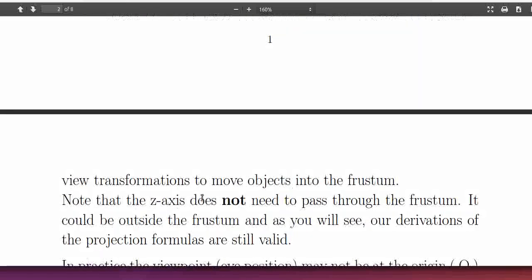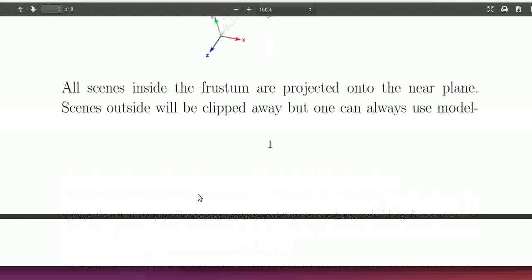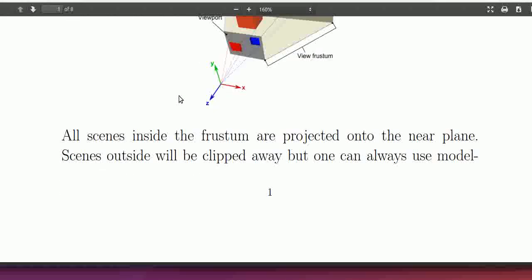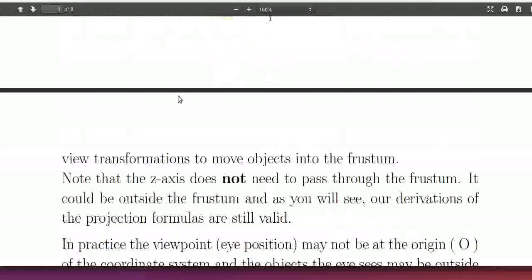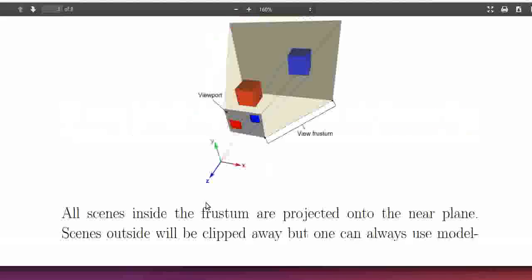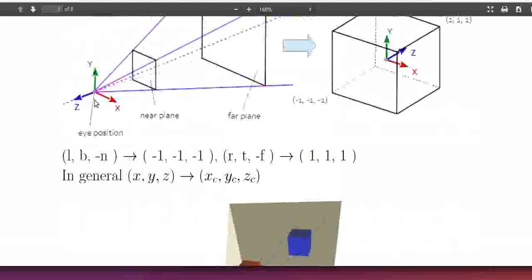Note that the Z axis does not need to pass through the frustum. It could be outside, and the derivation of the projection formulas is still valid even if the Z axis is outside the frustum. In practice, the viewpoint or eye position may not be at the origin, but we can use model view transformation to move the eye position to the origin, and of course all the objects will be moved accordingly.